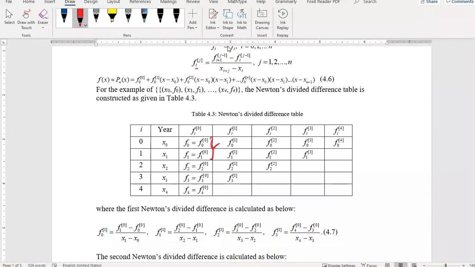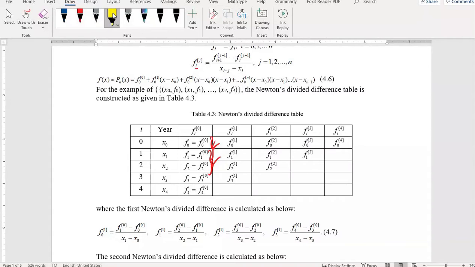And then for f1^1, dependent on these two values, it will be f2^0 minus f1^0 divided by x2 minus x1. So first level, normally you have no problem.